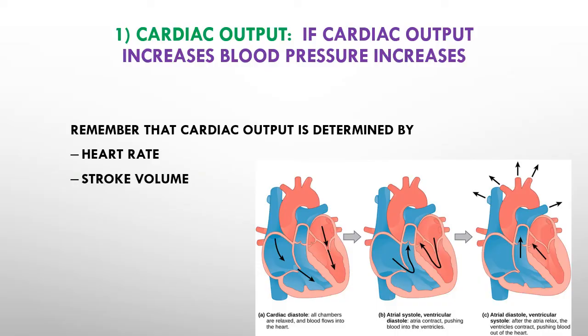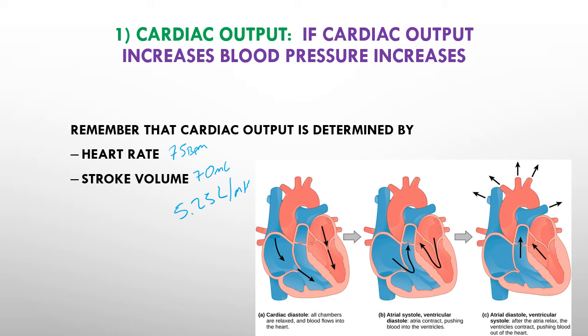Cardiac output itself is relatively easy to calculate in general. We're going to have our heart rate somewhere in the neighborhood of 75 beats a minute times our stroke volume of 70 milliliters, and we're going to come up with the general 5 liters or so per minute for our cardiac output.